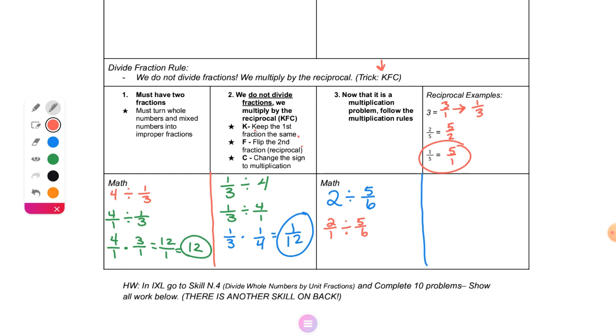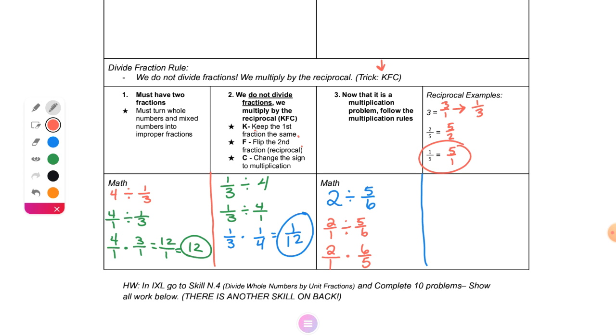Wyatt, what does the K stand for? Keep. Good job. Keep the first fraction the same. Addie, what does the F stand for? Flip the second fraction. And the C stands for? Change the sign to multiplication.